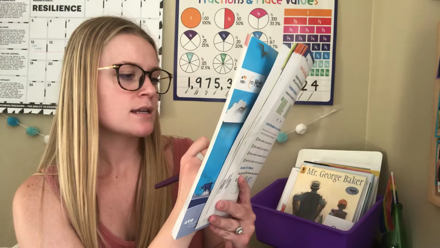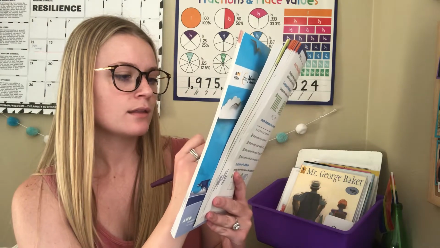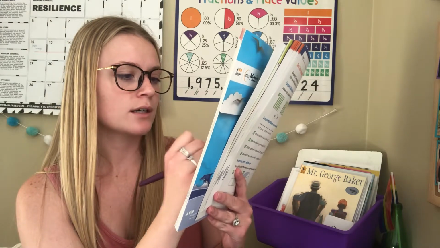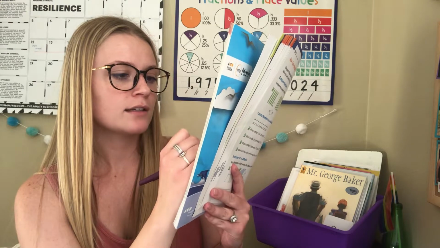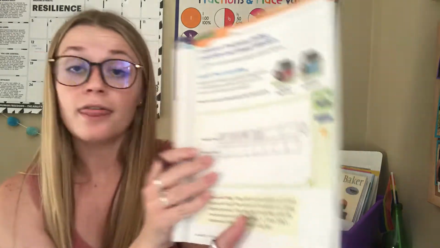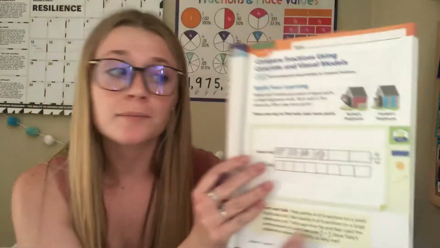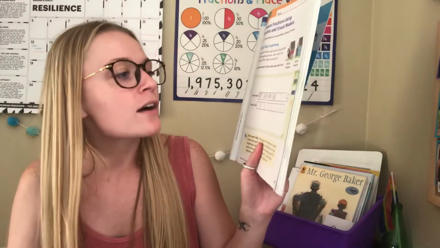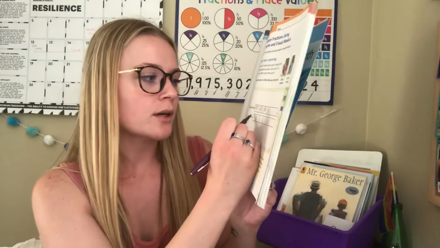So 1, 2, 3, 4, 5, 6, 7. That was pretty close. I'm actually impressed. The top one, not so much, but this one is pretty good. Okay, so now I'm going to shade in 4 of these equal parts.